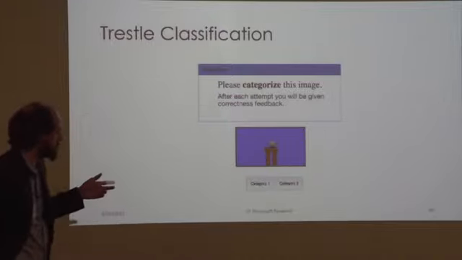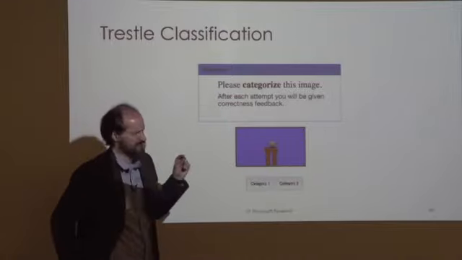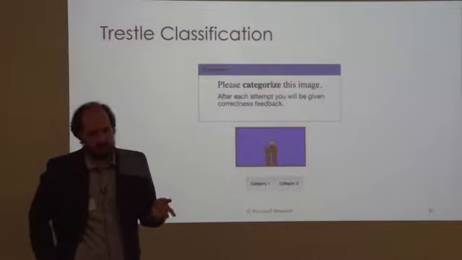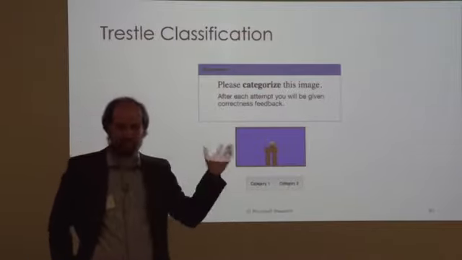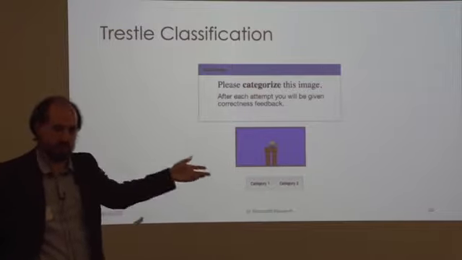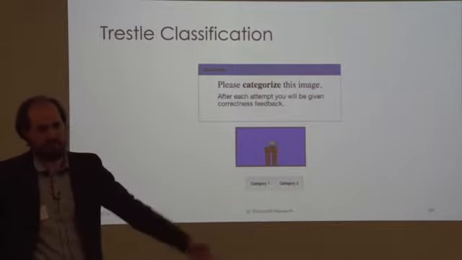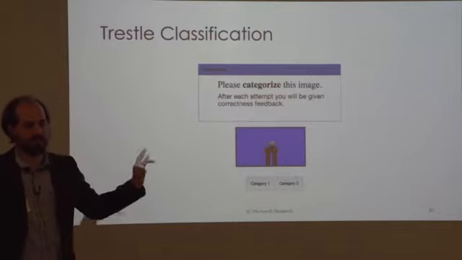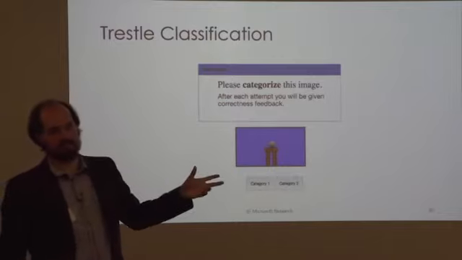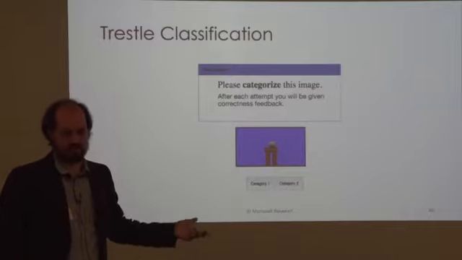So what we did here was take a bunch of Mechanical Turkers and give them a task looking at a picture of a tower in Rumble Blocks and saying, is this category 1 or category 2? In this case, category 1 is stand and category 2 is did it fall? We wanted to do it at this abstract level so that the Turkers would have a similar level of domain knowledge of the space as the agent would.